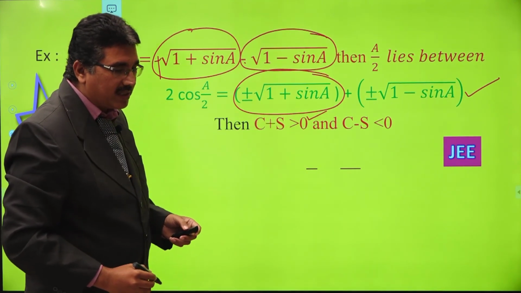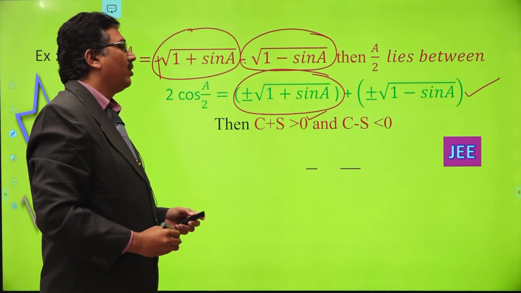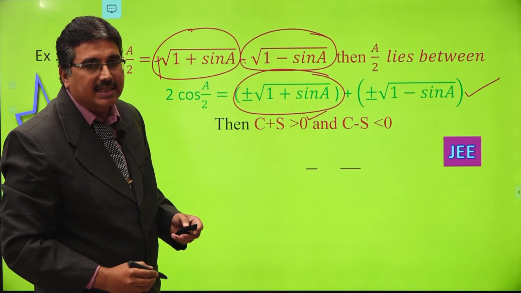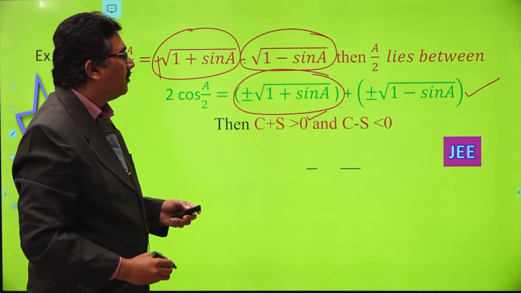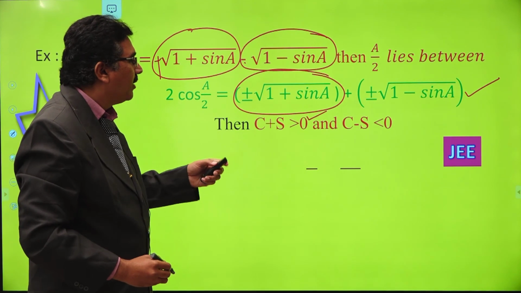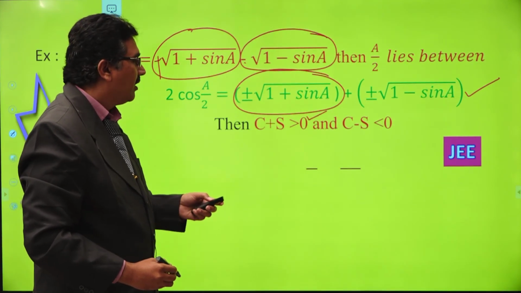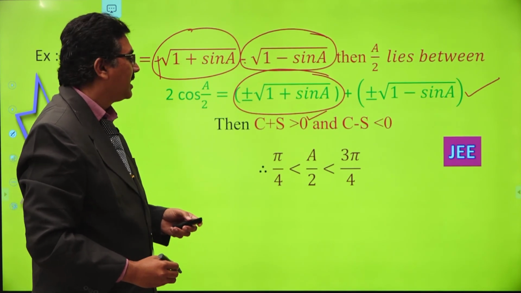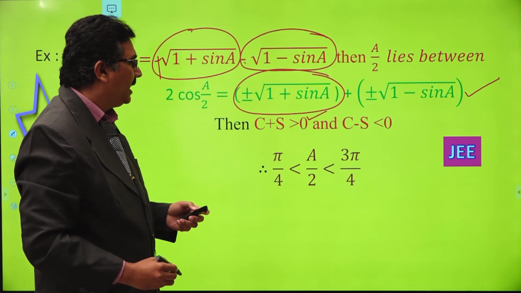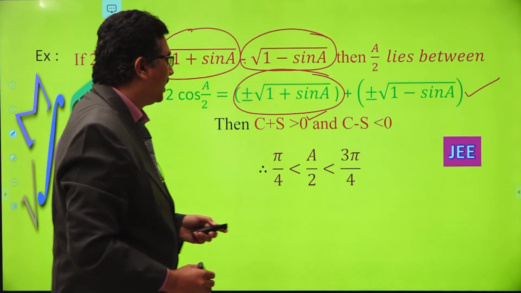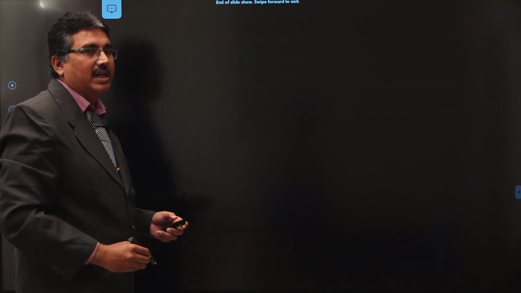Here c plus s is greater than 0 and c minus s is less than 0. From the above diagram, the limits of a by 2 are pi by 4 to 3 pi by 4. Okay. Right. Thank you.